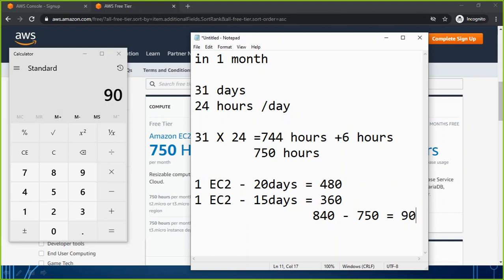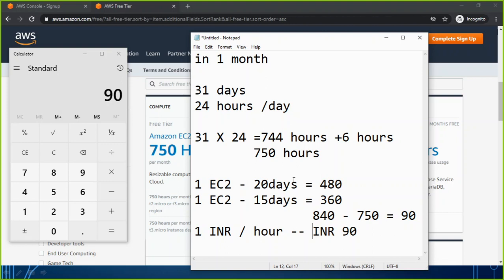What does it mean? That now you have to pay for these extra 90 hours which you have run your service, even if you have a free tier account. So for example, if they charge you 1 rupee, 1 INR per hour, you are going to have a bill of 90 rupees in that month, because you were running two instances.